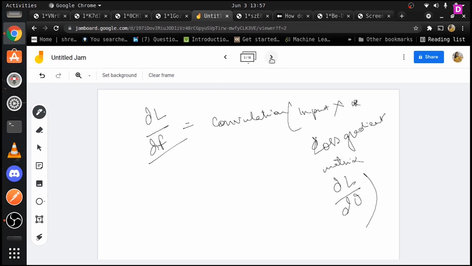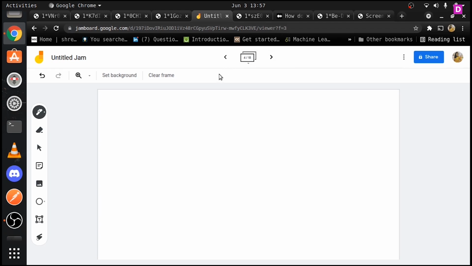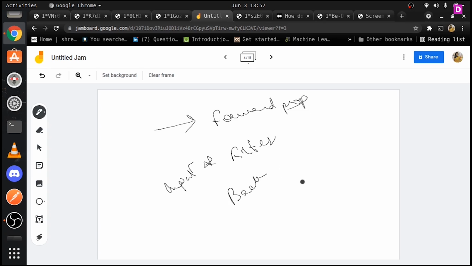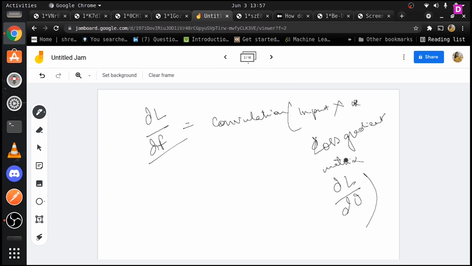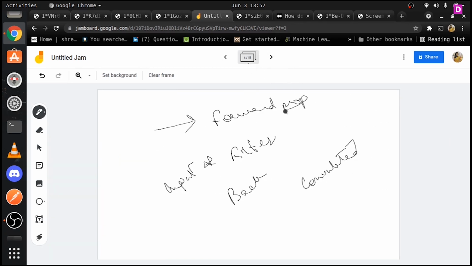I know this is a lot, but in short, when we are forward propagating, we are convoluting the input with filter values, and when we are back propagating, we are again convoluting to back propagate and update the values, but this time we will be convoluting the input with the loss matrix. So this is basically the whole thing.